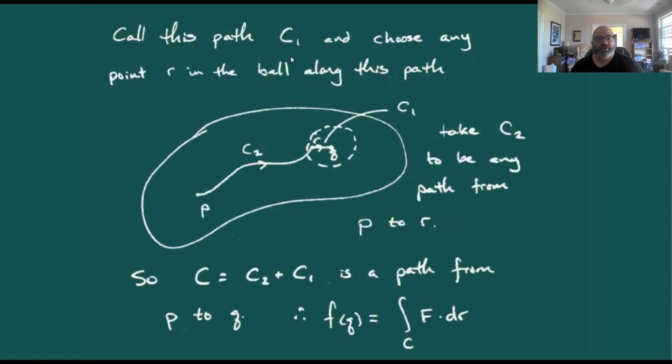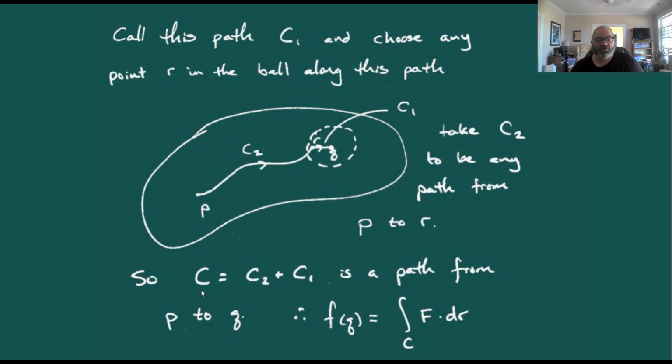And so let's call this path C1. This is our constant path in the x direction. We'll call that one C1. And for C2, let's just pick any other point R on that curve C1 and run another path C2 from P up to this arbitrarily chosen point R that's on this constant path C1 inside this open ball.